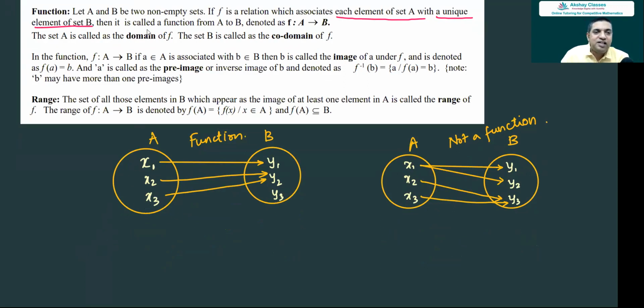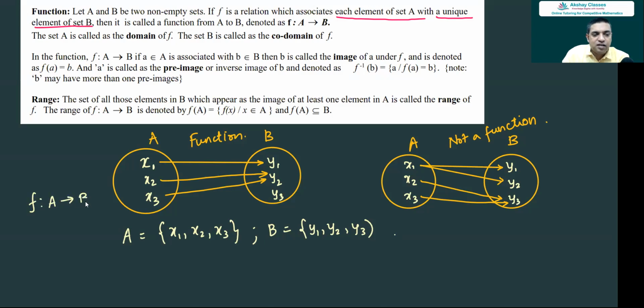So this particular set A with these elements is called the domain, and the set B is called the codomain. This we know. So we write it as a function that maps set A to set B. All right.